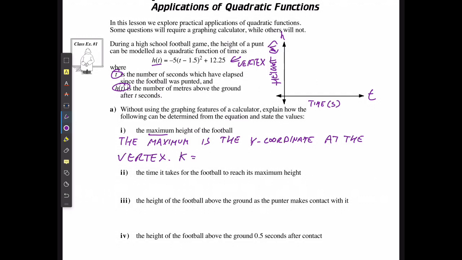In this case, we can see that the k value is represented by 12.25, which means that the max height is 12.25 meters.